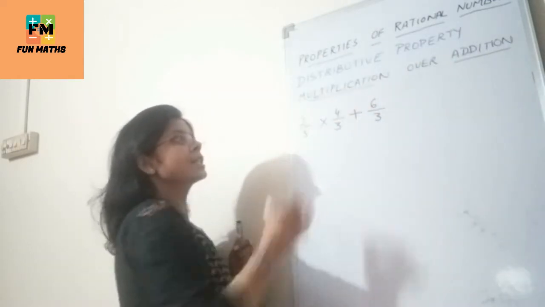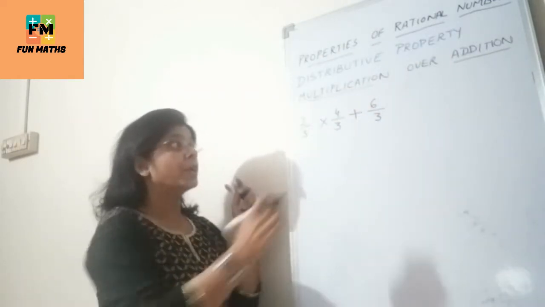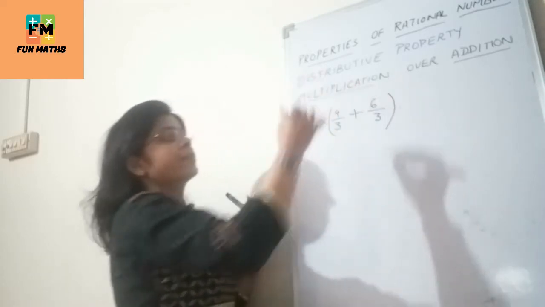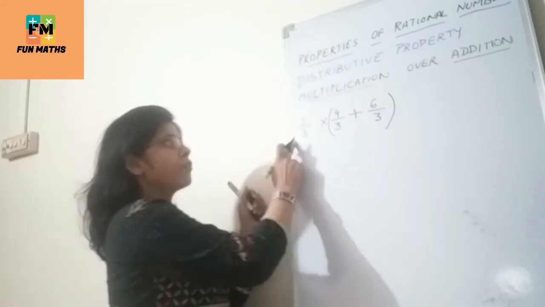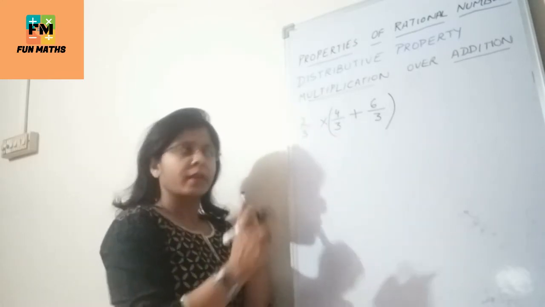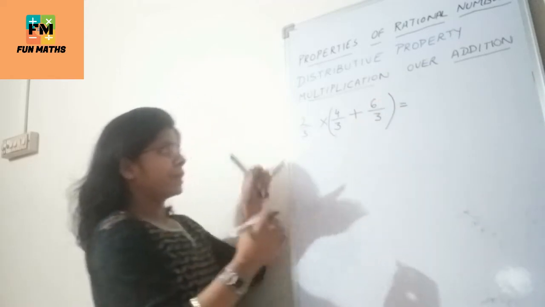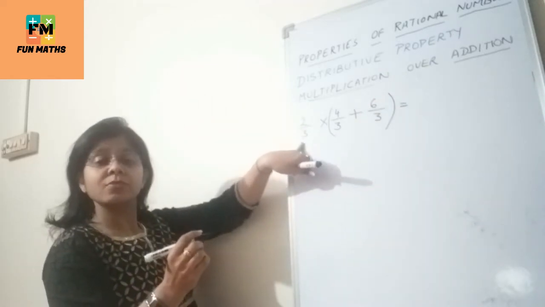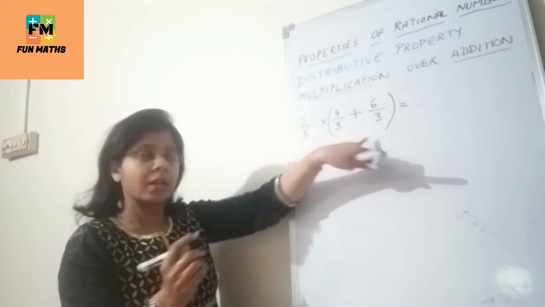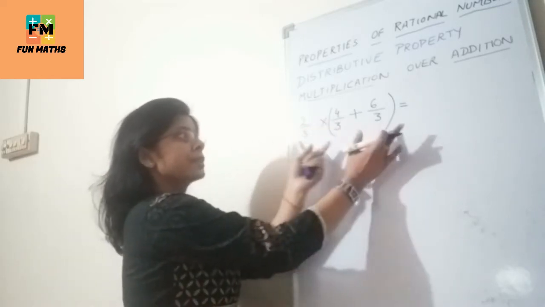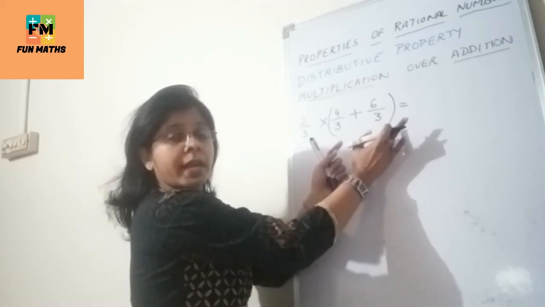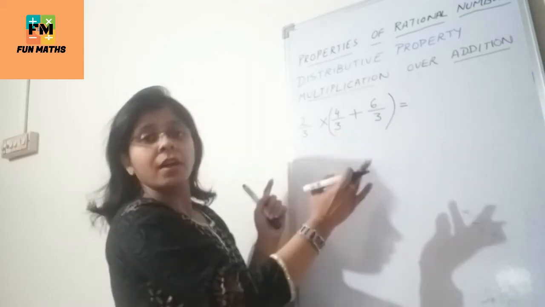Second, between these two rational numbers, we have to put the addition symbol, right? Now, how will we distribute this 2 by 3 with this bracket? Definitely, we will be distributing the first rational number with the second one, then the first rational number with the third one. Because 4 by 3 and 6 by 3 are a group enclosed within a bracket, right?